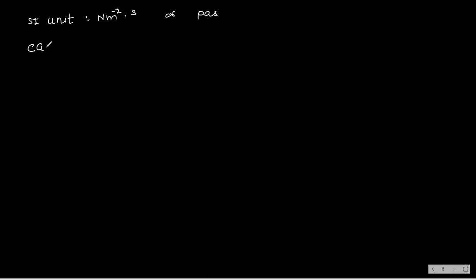And in the CGS system, you have its unit poise, and this is given by the scientist name Poiseuille.